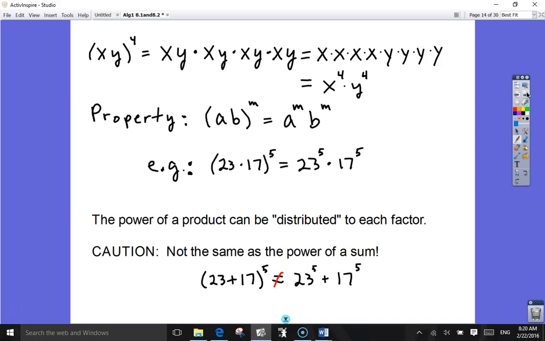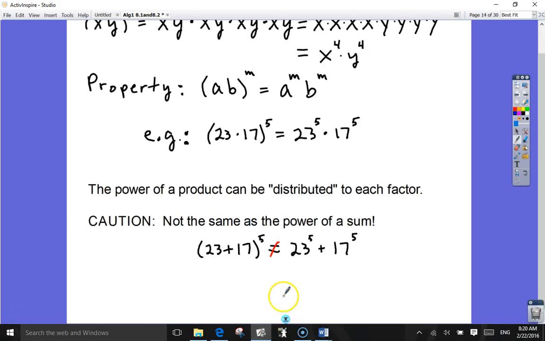The typical example of that is something like this. If I said, what is (x plus 2) squared? A lot of students will say x squared plus 4. But that's not right. You're using this property as if it worked that way, but it doesn't. (x plus 2) squared means (x plus 2) times (x plus 2).